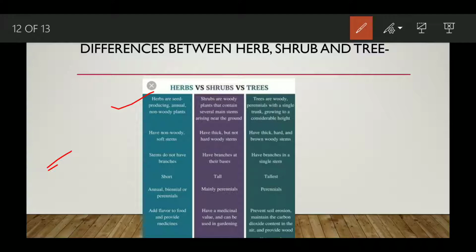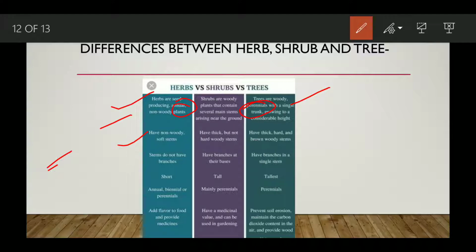Herbs are non woody plants, but shrubs are woody plants that contain many stems. Trees are also woody plants, and they are perennial. Herbs are annual, but shrubs are perennial. Annual means the plant grows for just 1 year, and perennial means the plant grows for 2 years or more.